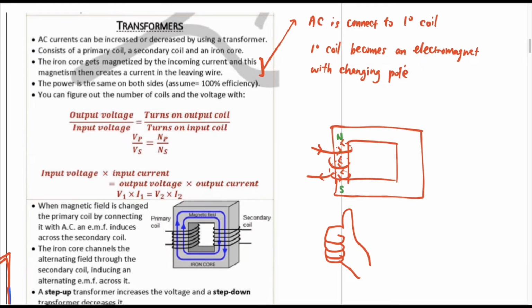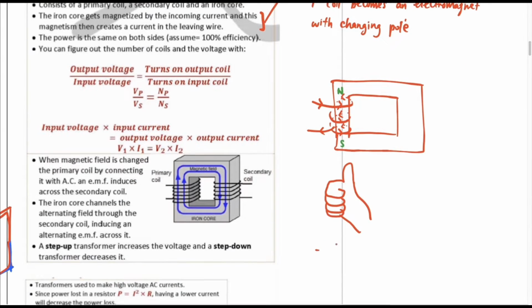The iron core is here, making the magnet a stronger magnet, the electromagnet. I write it down here: the iron core makes the electromagnet stronger.